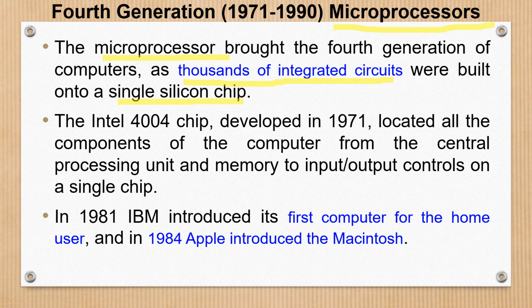Okay, so the Intel 4004 chip was developed in 1971, and that located all the components of the computer used for computations, like processing unit, memory, input, output, all on a single chip.